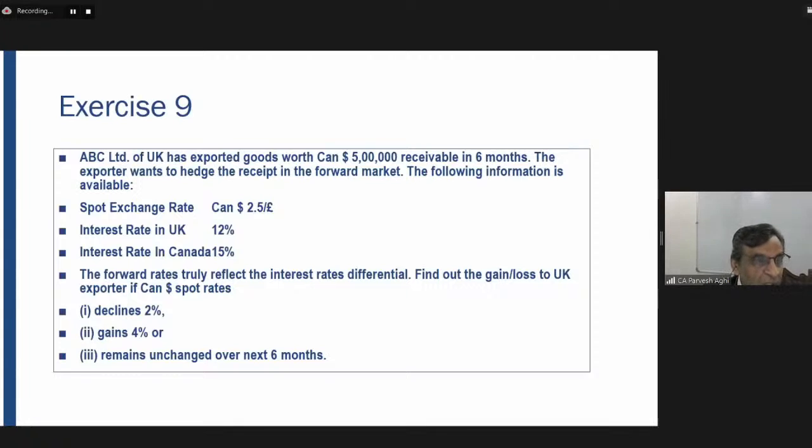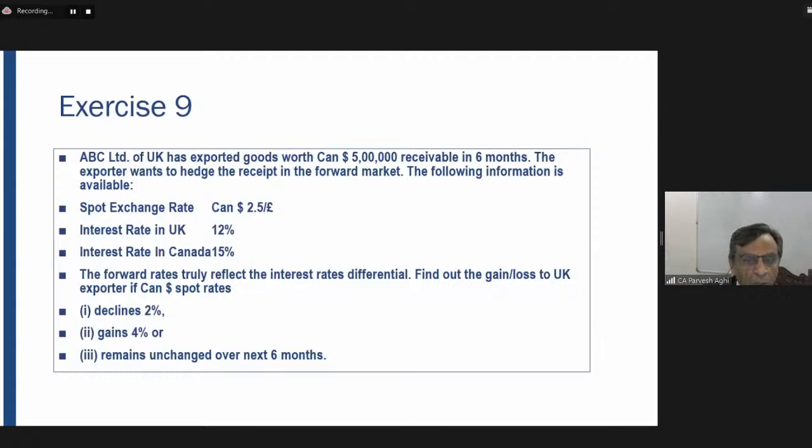It is also given that the forward rates truly reflect the interest rate differential. Because in this case it is 6 months, the forward rate will be roughly 1.5% higher than today, in terms of pounds.